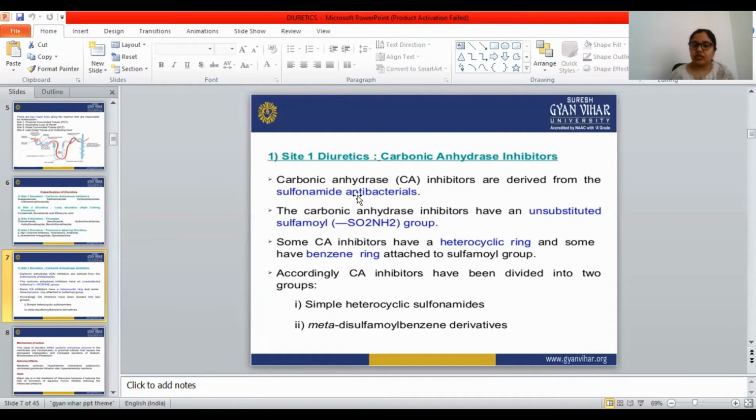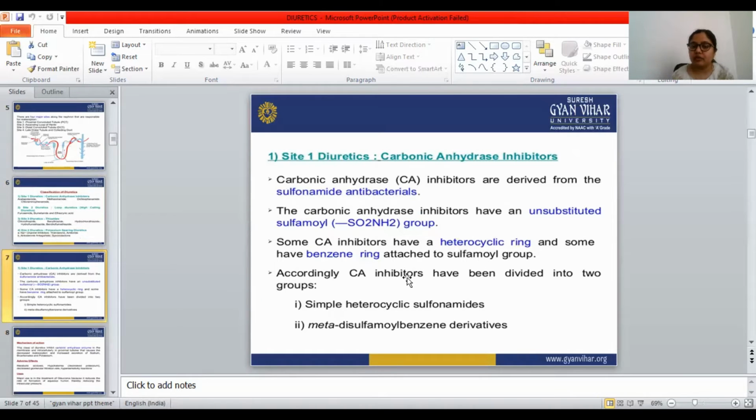This is the chemistry of the carbonic anhydrase inhibitors. All of them have an unsubstituted sulfonyl, that is SO2NH2 group, and they also have a heterocyclic ring, and some have a benzene ring attached to this sulfonyl group.